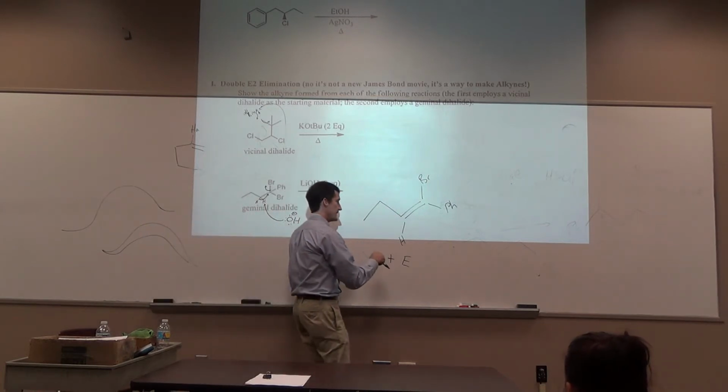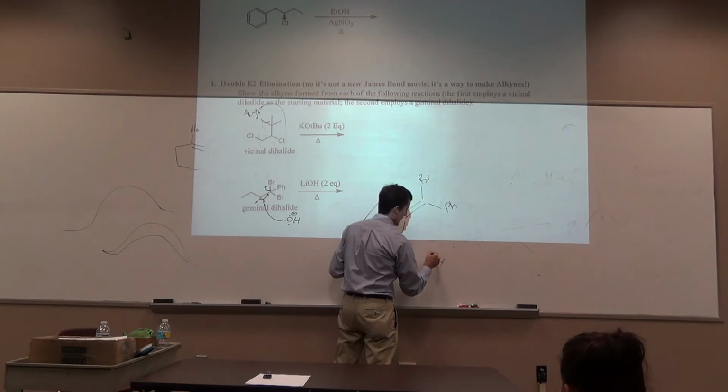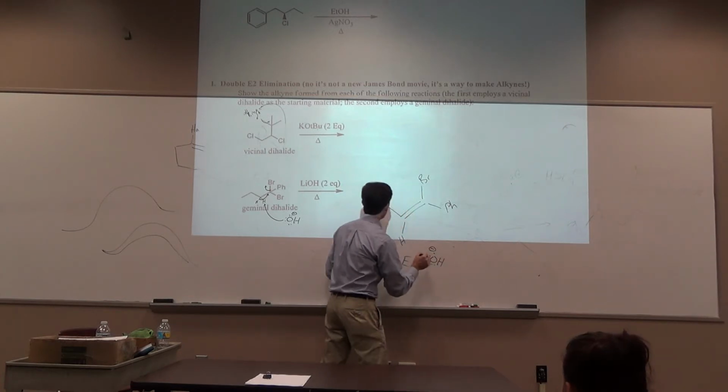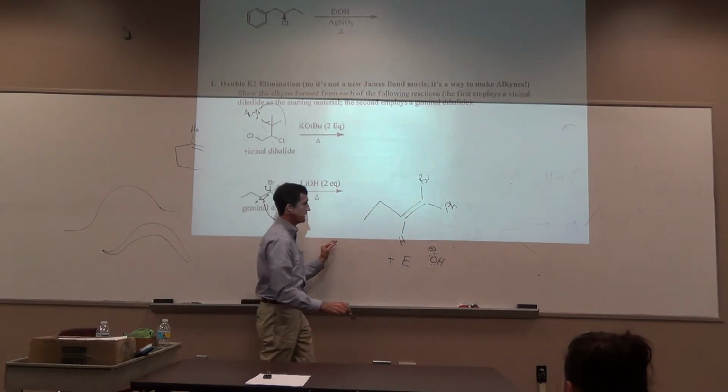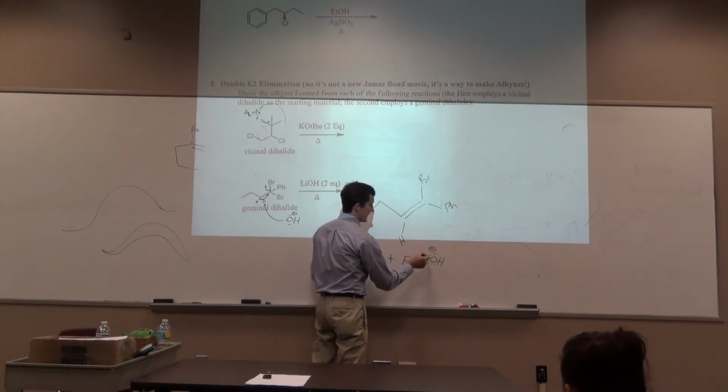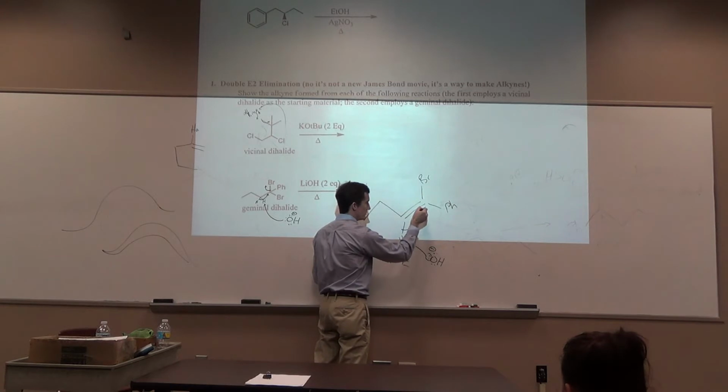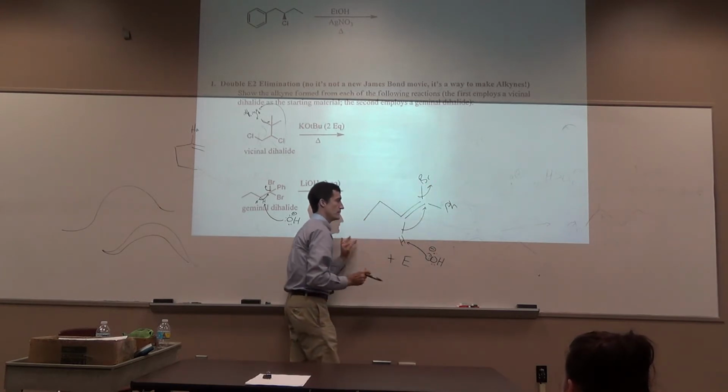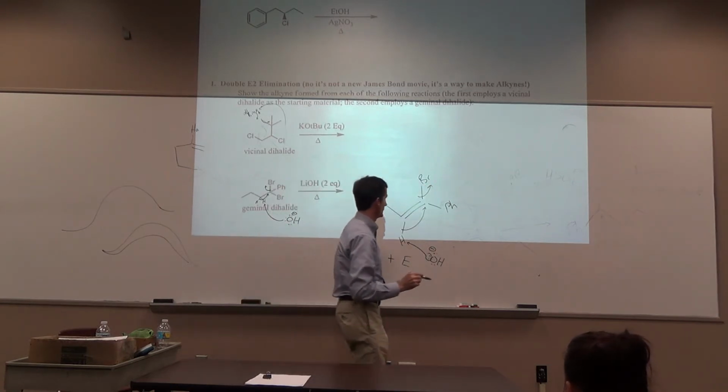Now, you can eliminate again. Second equivalent of hydroxide. Take the H. These electrons move in, pick off the bromine. And what does that give?